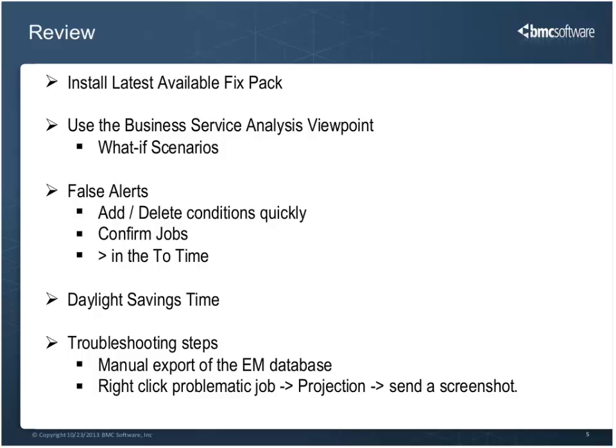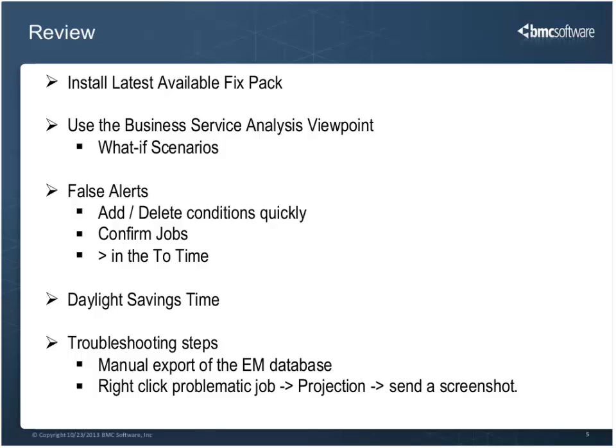Similarly with confirmation jobs, we see this fairly often in more complex services with hundreds of jobs. A job gets introduced or has a confirmation that makes the service late, and creating a rule for that helps in the situation where there's an alert that seems to be false. And then another common one is the greater than sign in the to-time field.